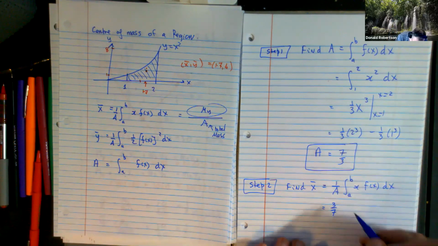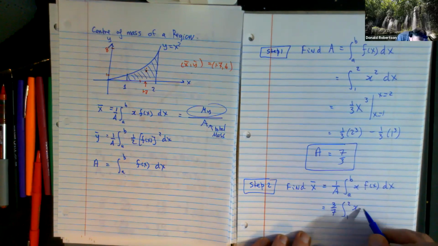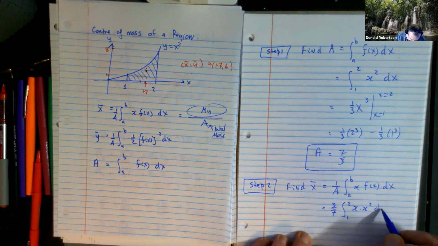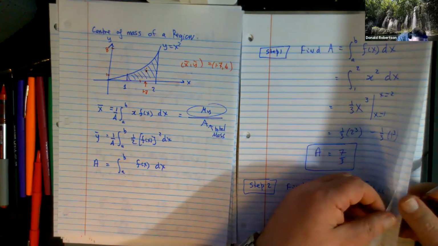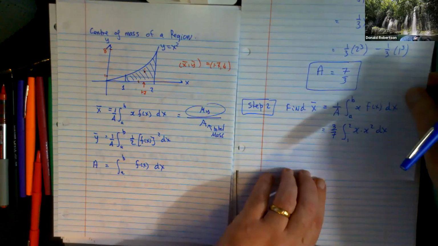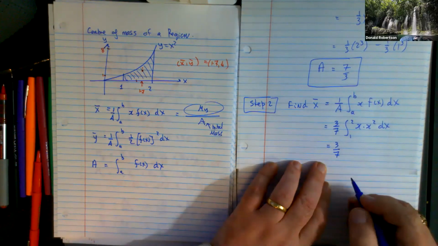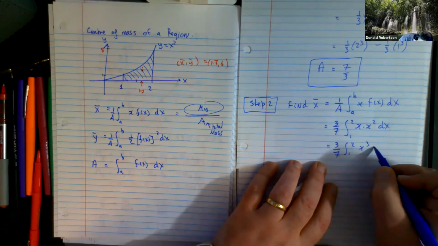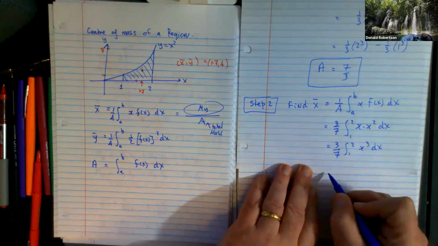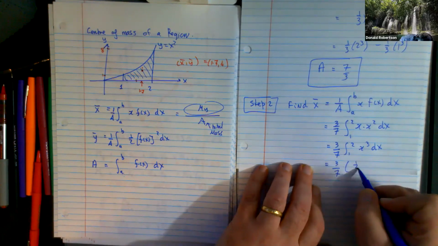The integral from 1 to 2 of x times x squared. Again, I'm keeping the integral really nice, nothing too scary. It's going to be the integral from 1 to 2 of x cubed.